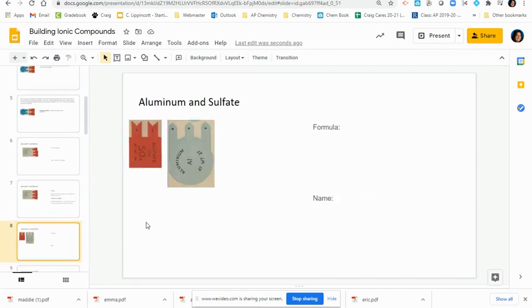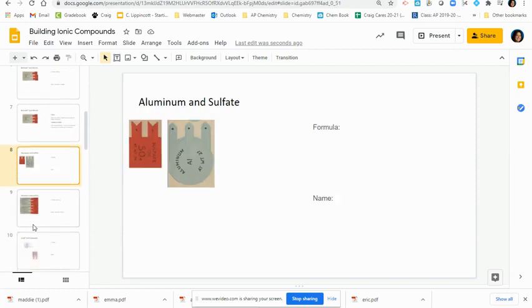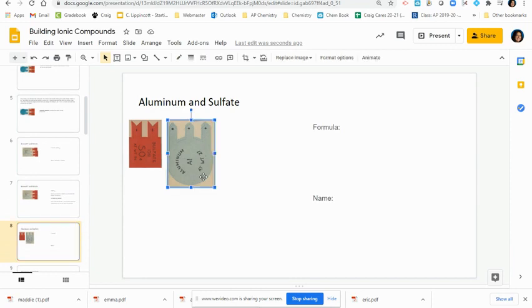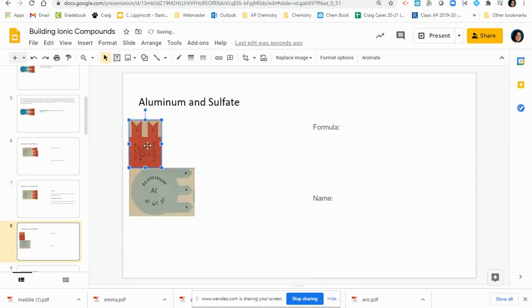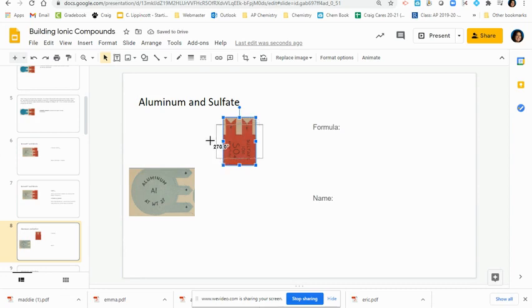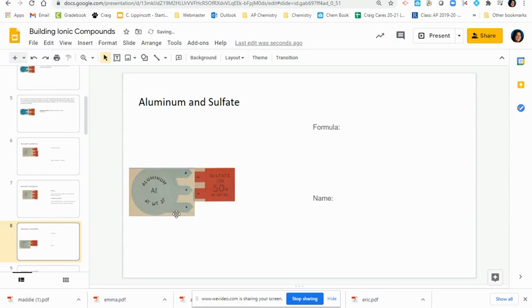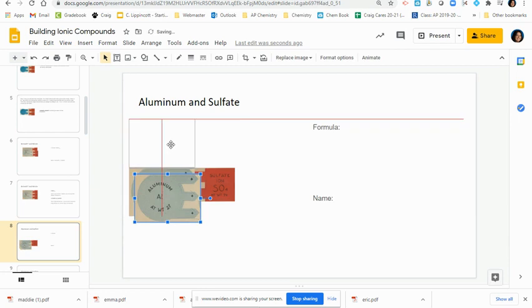All right. We have aluminum and sulfate coming at where we have our aluminum. Again, we're going to have to turn this. And if we bring our sulfate over here and we turn that, we can get that to fit in here with this aluminum. But the problem is that we still haven't filled up this arrow. So we're going to have to duplicate that again.